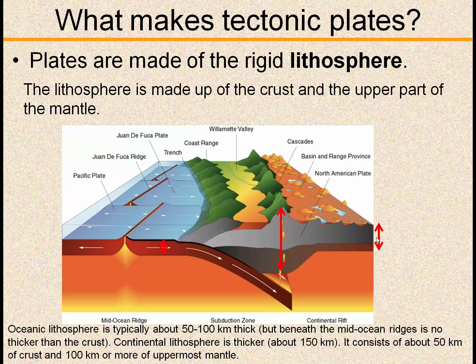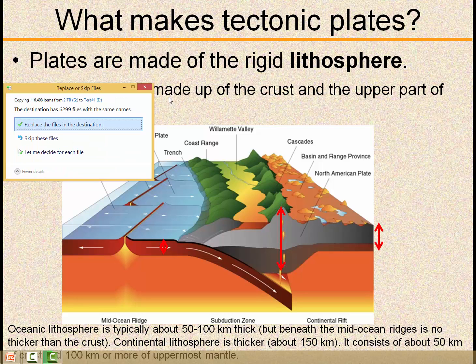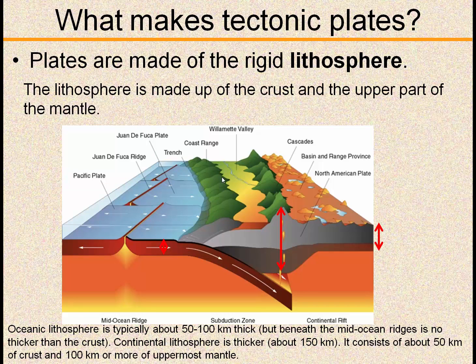So we have very thin crust on the ocean. We have thick crust where it's continental, even when it's really flat and low, like in the middle of the United States, and it's incredibly thick underneath the mountain ranges, so like the Rocky Mountains.